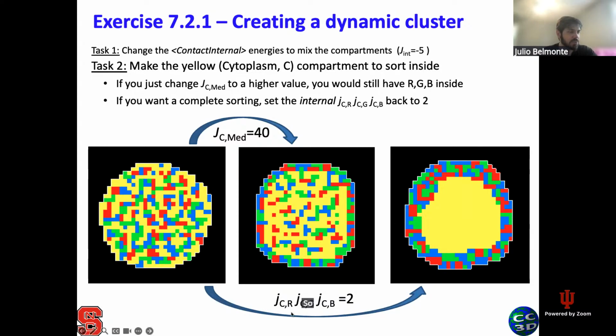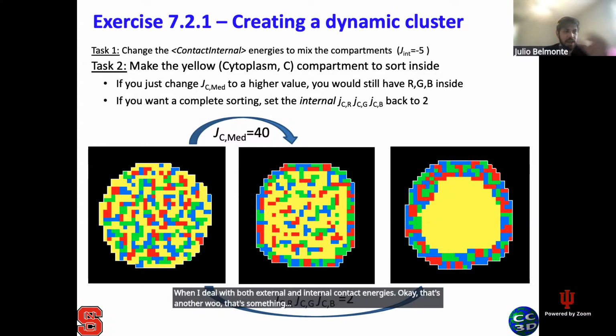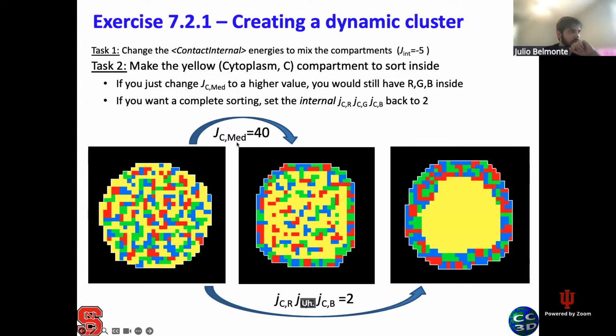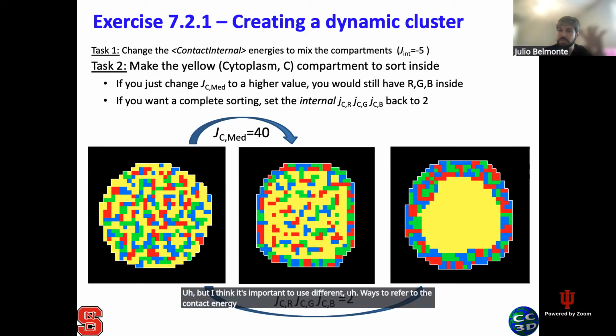So that's going to be the naming scheme that I use when I deal with both external and internal contact energies. Okay, that's another rule, something that I use as a guide. But I think it's important to use different ways to refer to the contact energy, so it becomes very clear when it is external and when it is internal.